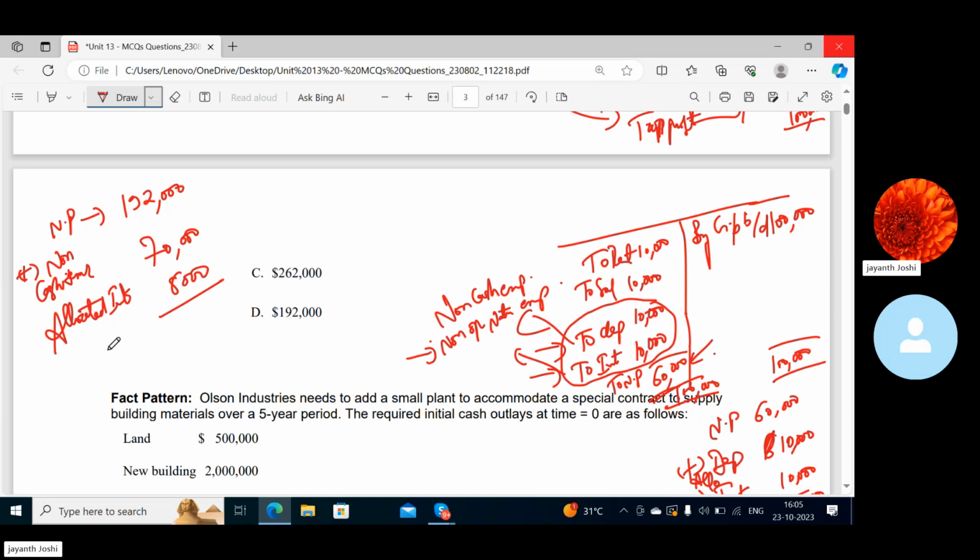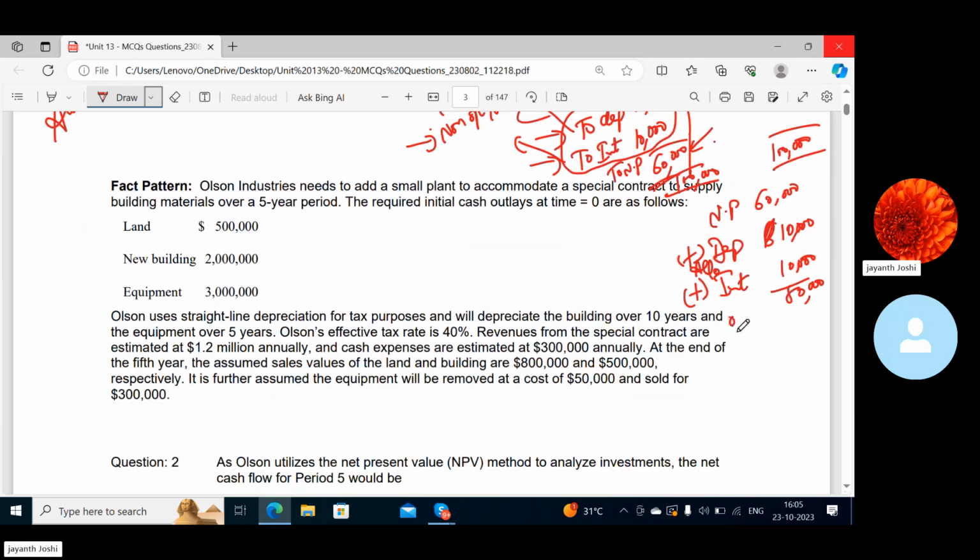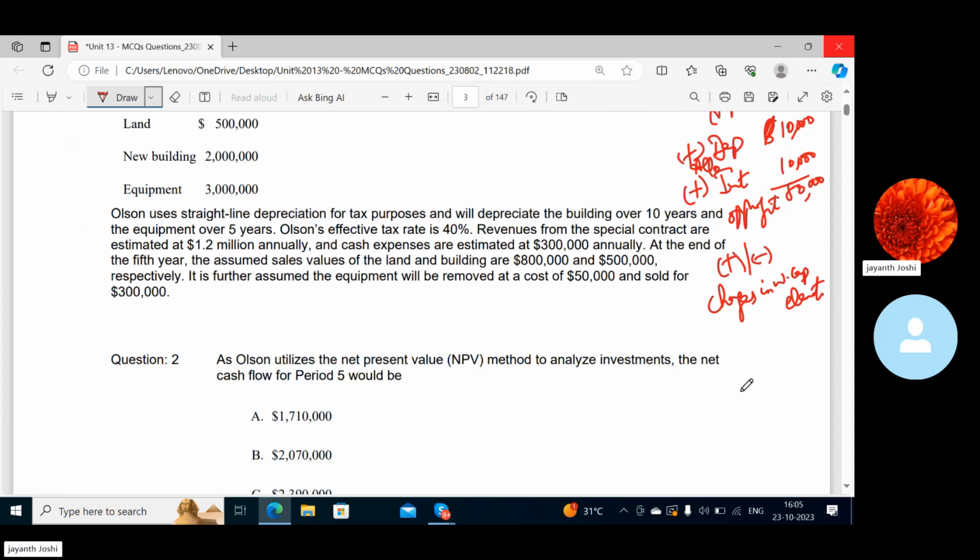But the thing is, I don't have any other item. See, in the cash flow statement, after getting operating profit, you have to add or subtract the changes in working capital elements, right? If inventory opening balance was 10,000 and today closing balance is 12,000, inventory has increased.